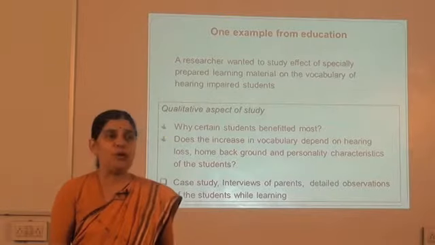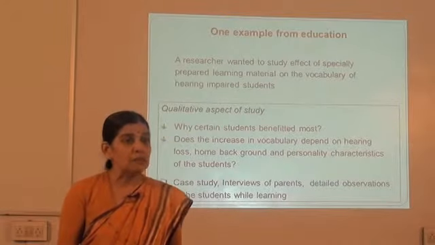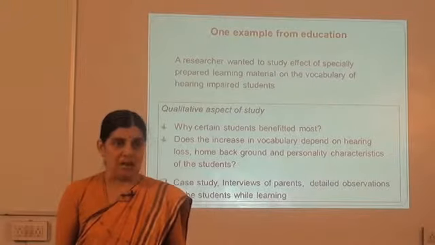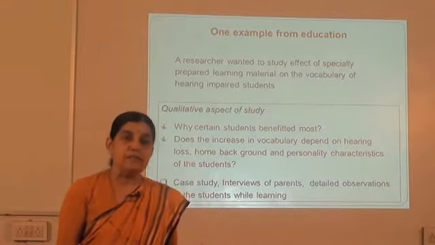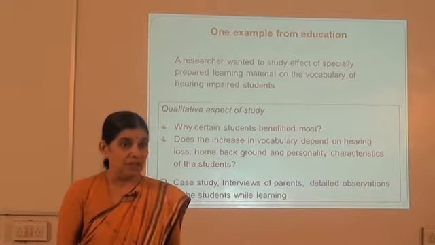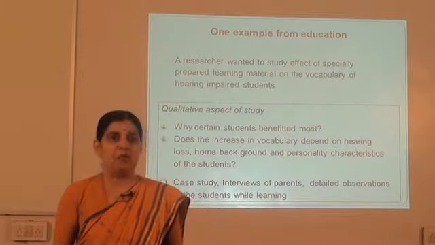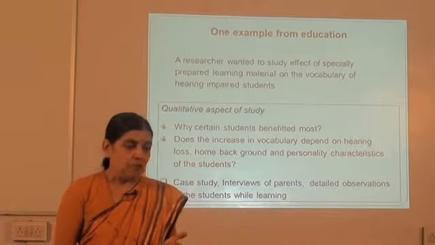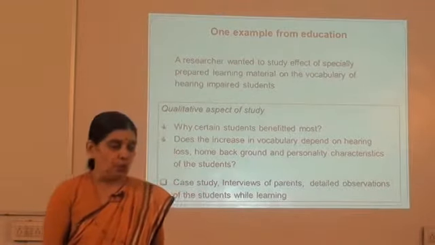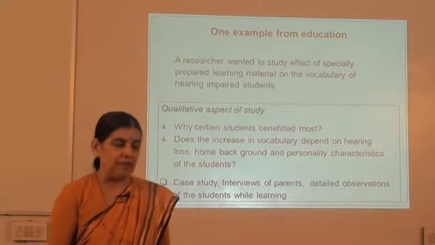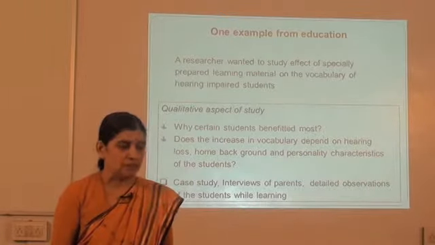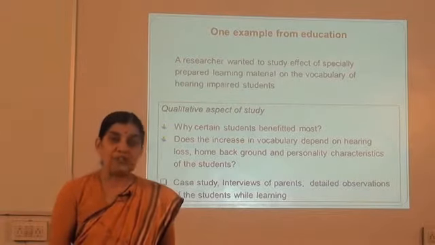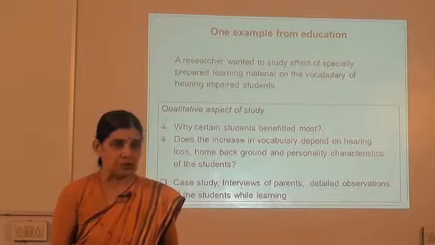She also wanted to make sure what the reasons behind this were. Why did certain students benefit most and why did certain students not benefit that much, even if the same learning material was administered throughout the year? She also wanted to know, does the increase in vocabulary depend on hearing loss or home background of the students or personality characteristics of the students?